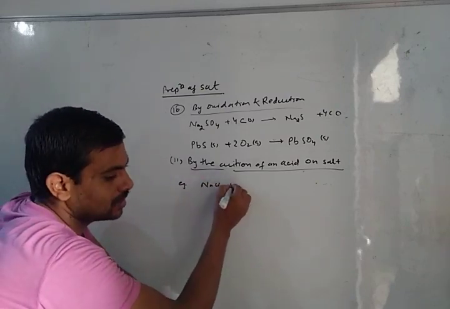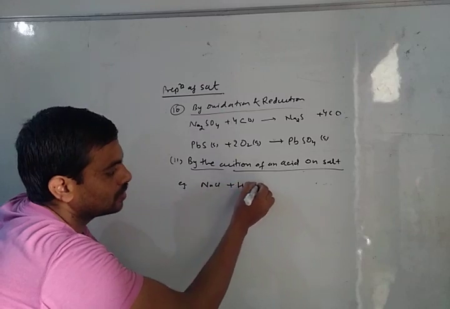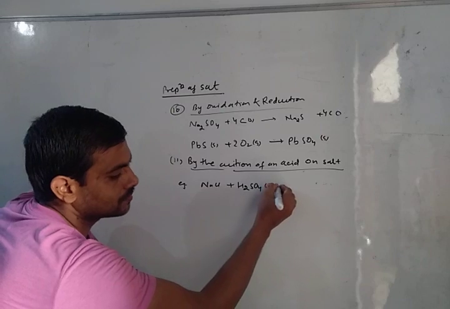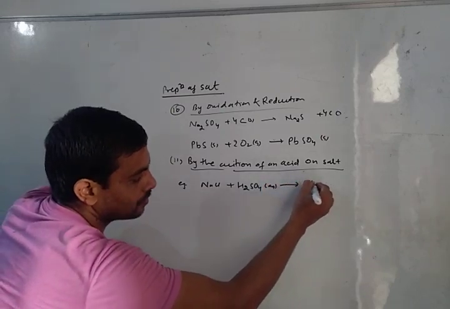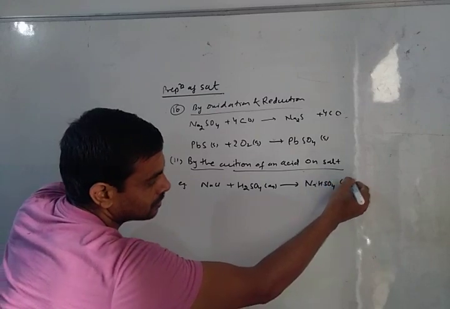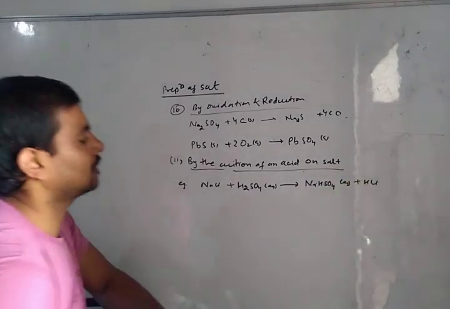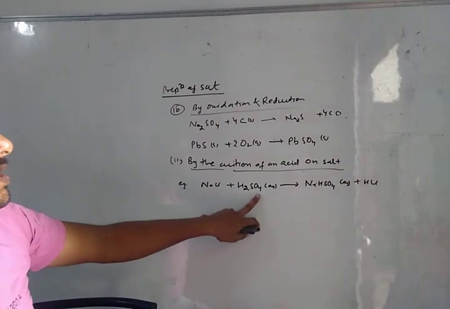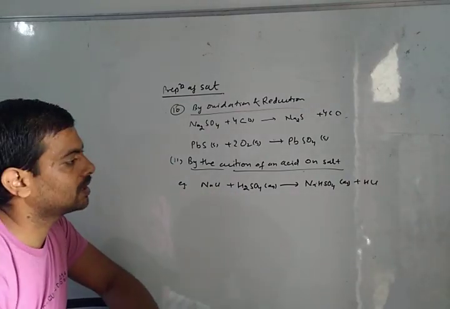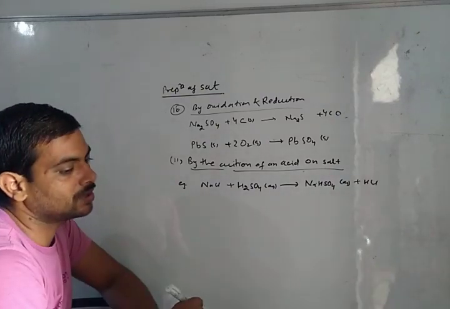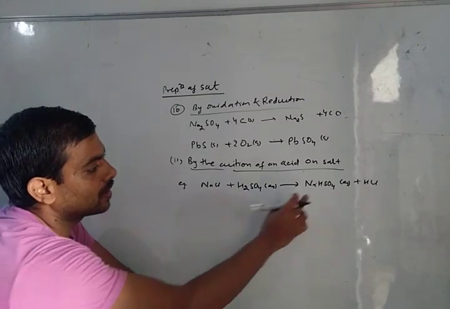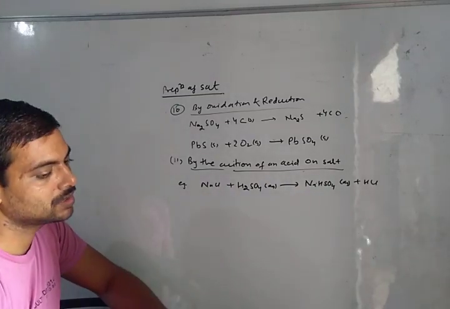Firstly, this is treated with H2SO4. What happens? Aqueous, it forms NaHSO4 aqueous and HCl. In the final product the acid becomes HCl. So there is interchanging. The salt sodium chloride is converted into sodium hydrogen sulfate.